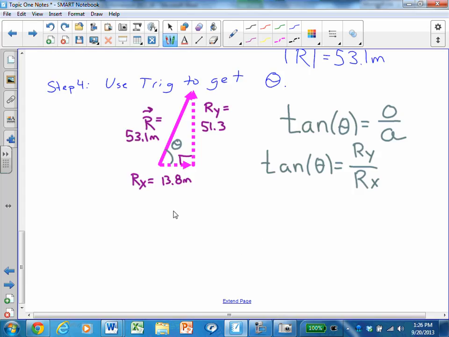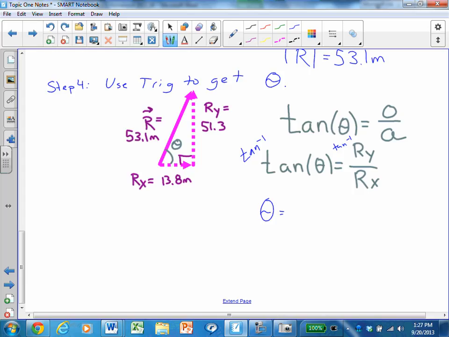Okay, so now this brings up the opposite of tangent, like the opposite of subtraction is addition. The opposite of tangent is tan inverse. So if we tan inverse both sides, the tan inverse of tangent just gives us theta. That's why we did it.